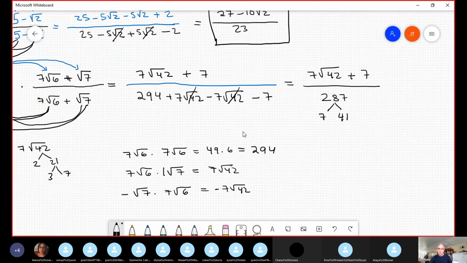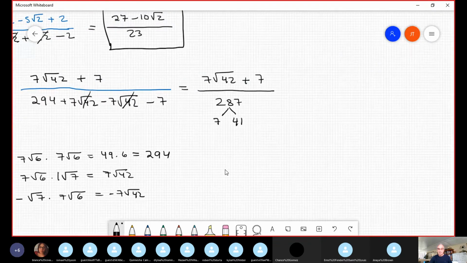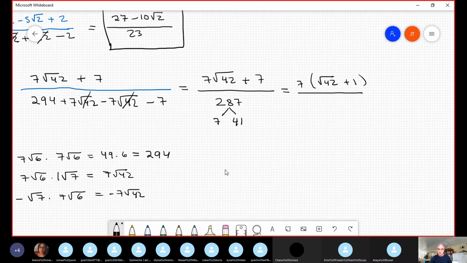Suppose you factor out. Look here, in the top, I can see the greatest common factor is 7, open parenthesis, radical 42, plus 1. And the bottom, we have not 287 anymore, so 7 times 41. You cancel out this 7, you can.